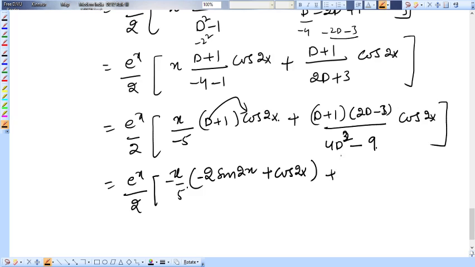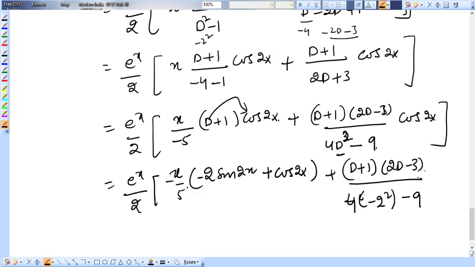And here you are going to use rule 2 again, because we are having D square here. So denominator as it is, numerator as it is, 2D minus 3 upon minus 4 into 2 square. Okay, minus 9 cos 2x.